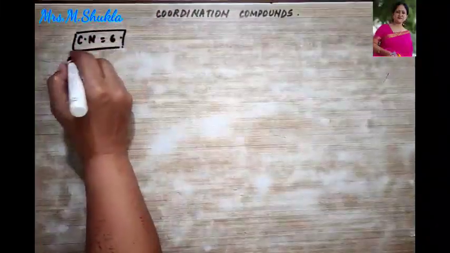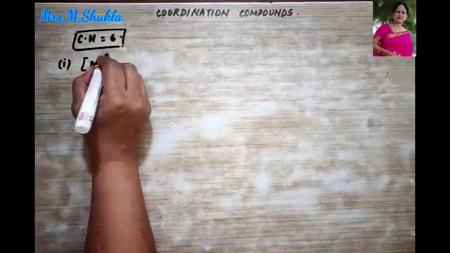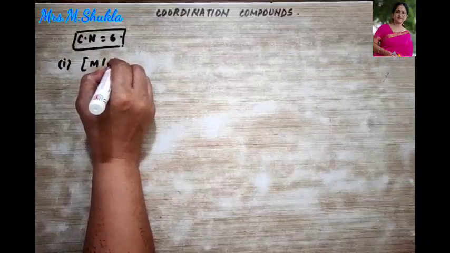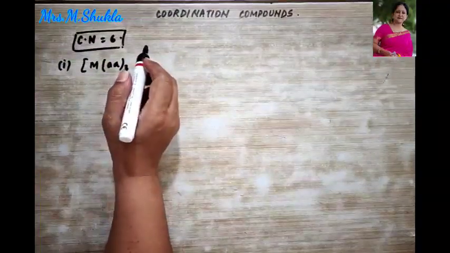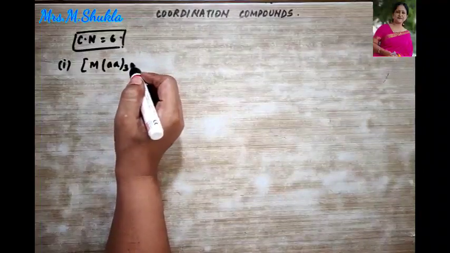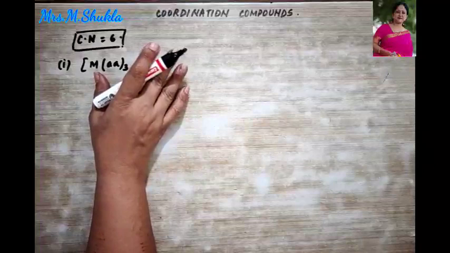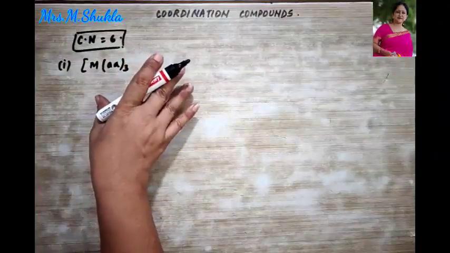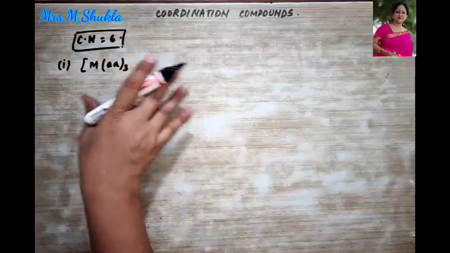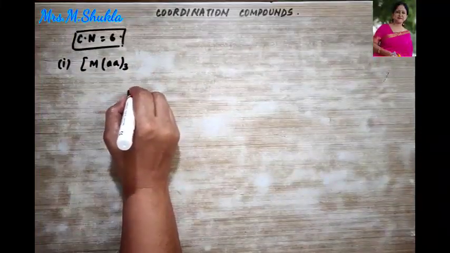So let's see the first complex like MAA3. Over here we have 3 bidentate ligands and there is no geometrical isomerism shown over here. Because they have the octahedral structure, they are going to form D form and the L form. So how? Let's see that.